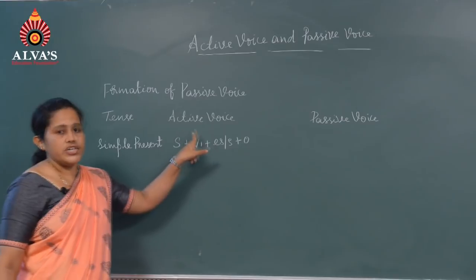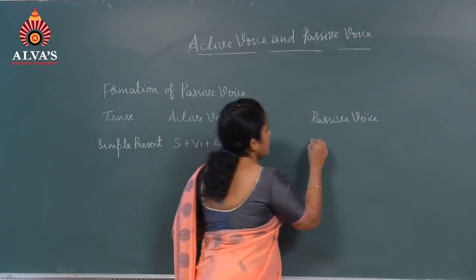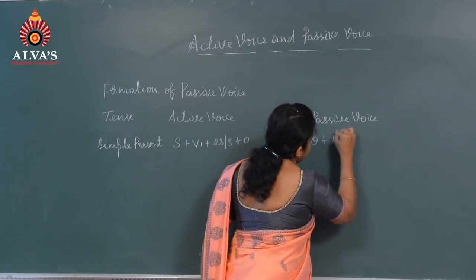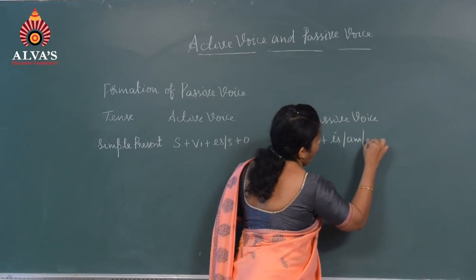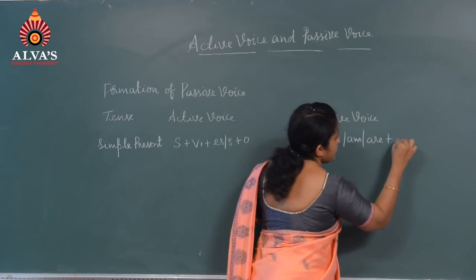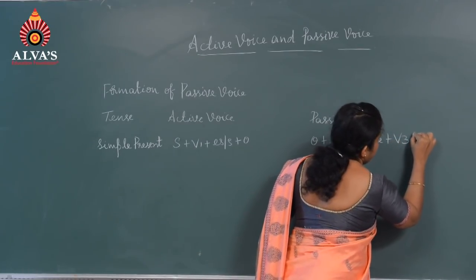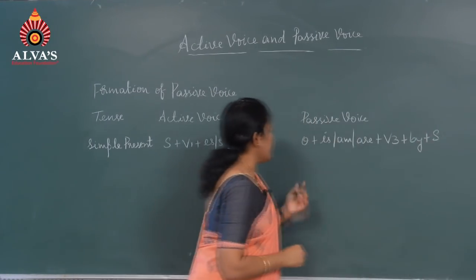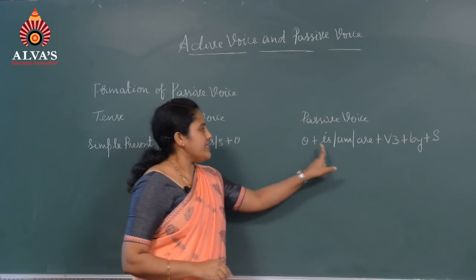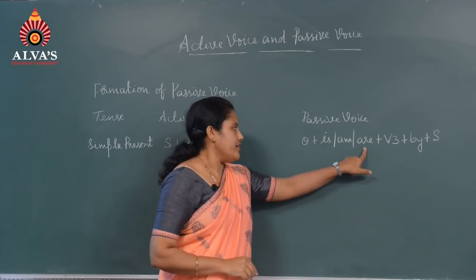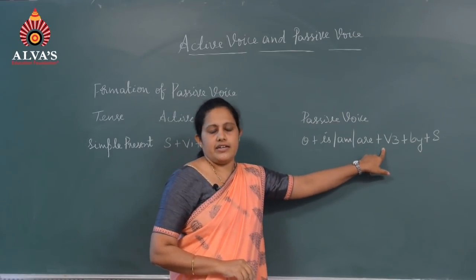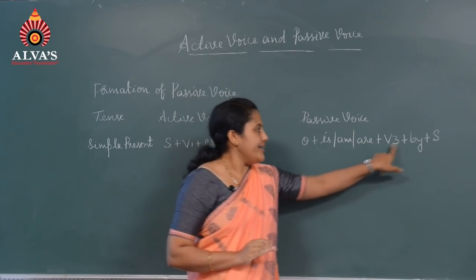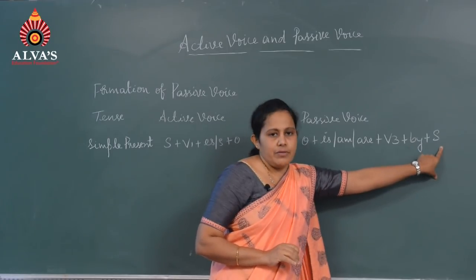When we change into passive voice, the formula is object plus is or am or are plus V3 plus by plus subject. Here O is object, plus is, am, are helping verbs, plus V3, that is the past participle form of the main verb, and by plus subject.